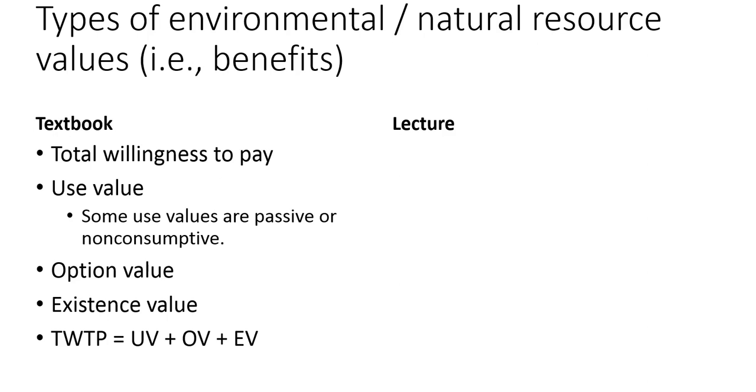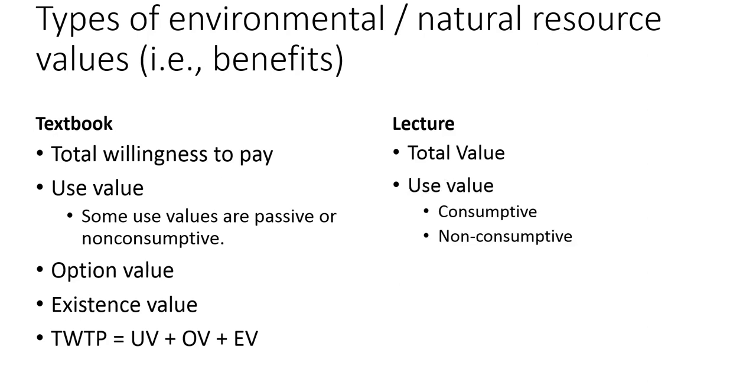So I think about these values in a slightly different way, or at least the accounting process of adding up these values in a different way. I'm going to talk about total value as being synonymous with total willingness to pay. Total value includes use value, where there's consumptive and non-consumptive use values.